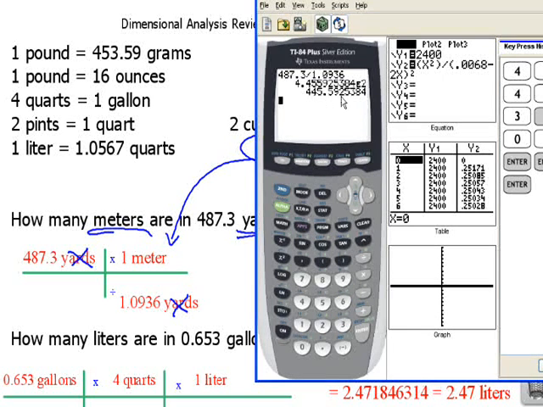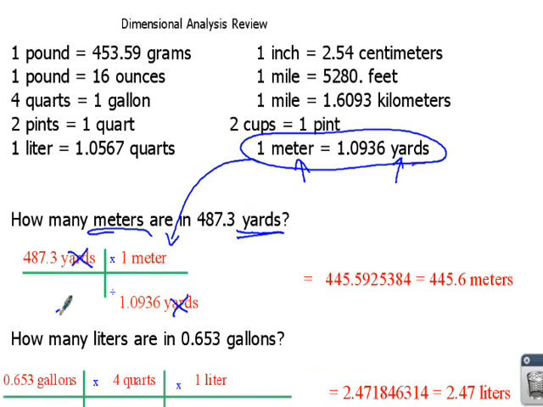And this is a really long number. And it would be irresponsible to write down this whole number and claim that it was the right answer, because our given 487.3 is a measured value with only 3 good sig figs and 1 estimated, so it's got a total of 4 sig figs. This answer cannot be magically better than 4 sig figs.